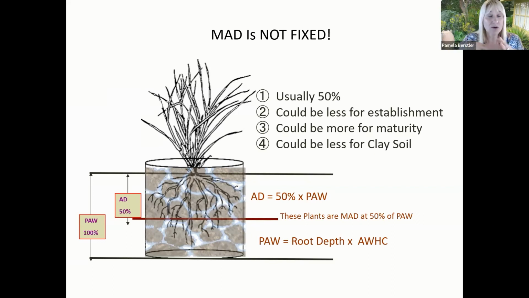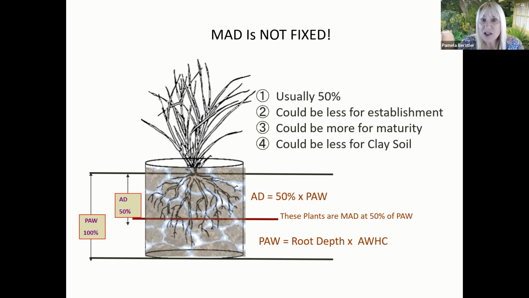If you just think about it, you're going to allow that plant a longer period of time to evapotranspire before you're replacing water into the soil moisture reservoir. So for maturity, you're going to increase the allowable depletion percentage and increase the amount of water that you are allowing to deplete from the soil, because the plants have a huge soil moisture reservoir.